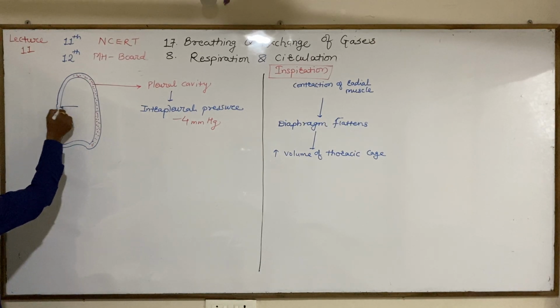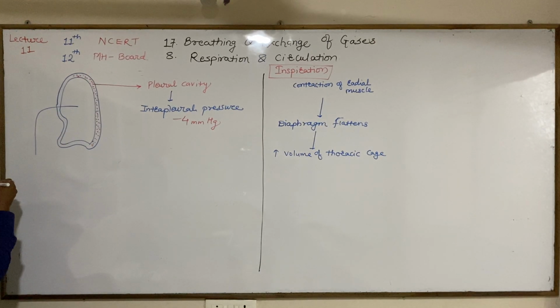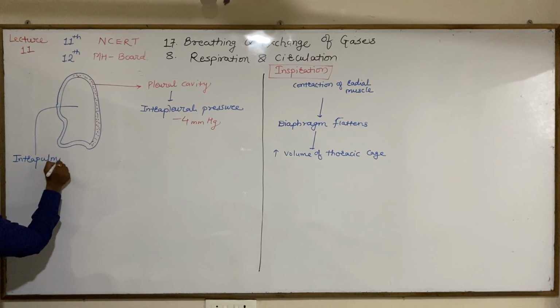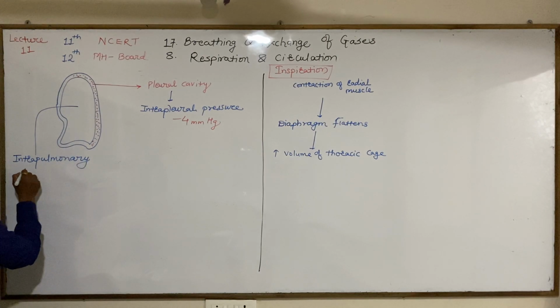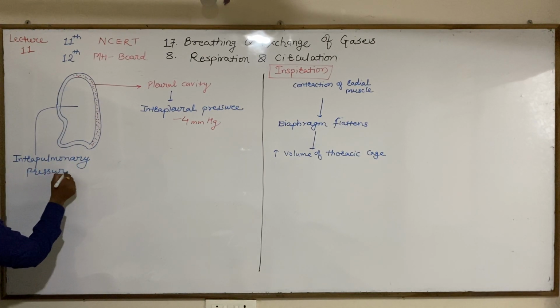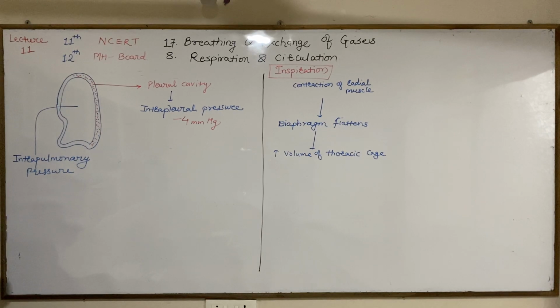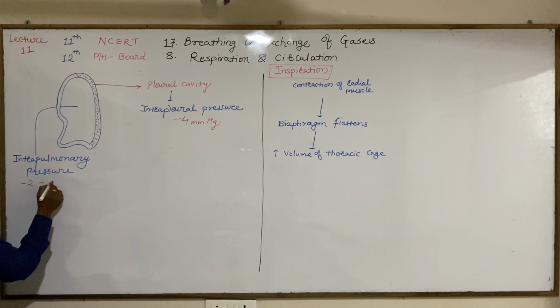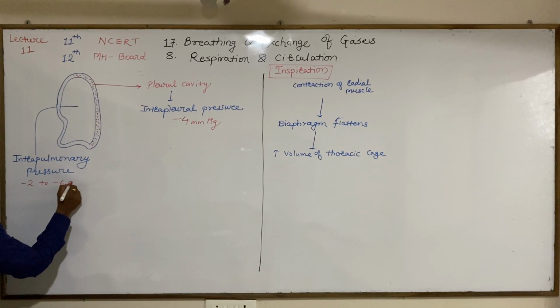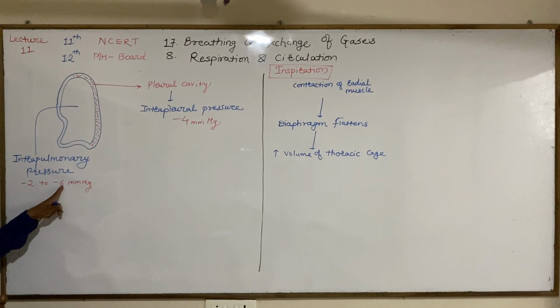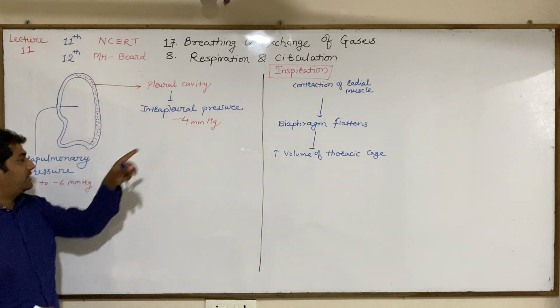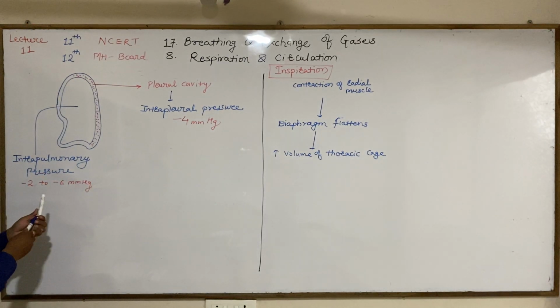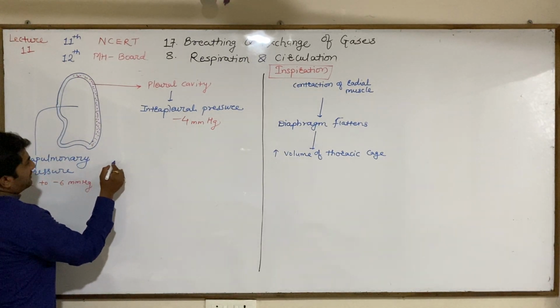Some prescribe it as -2 to -6 mmHg, but intrapulmonary pressure never exceeds intrapleural pressure.